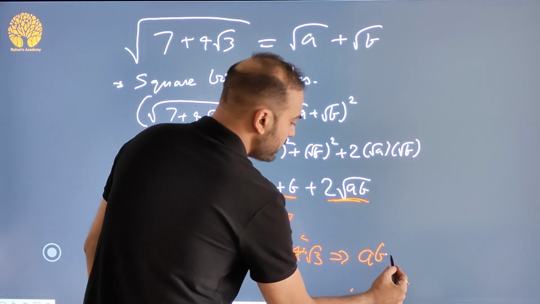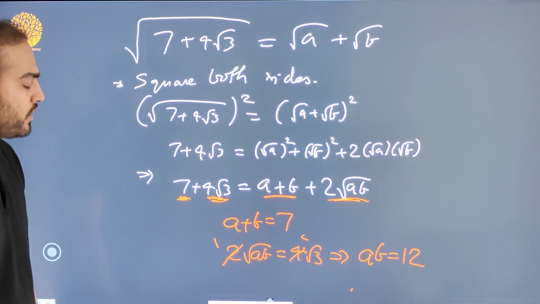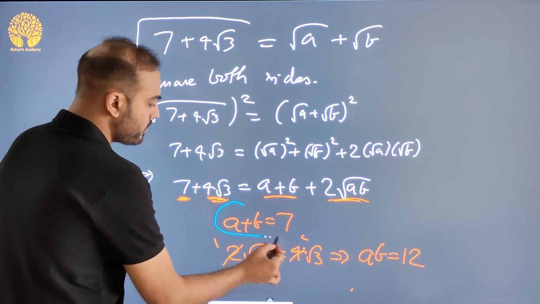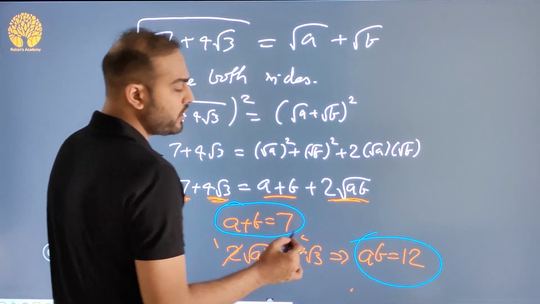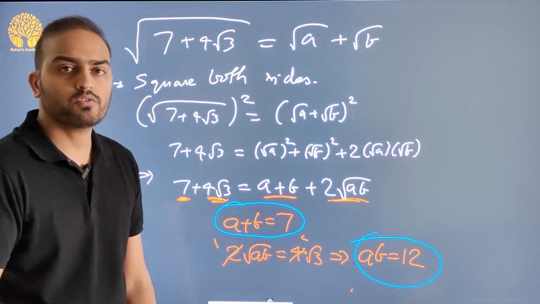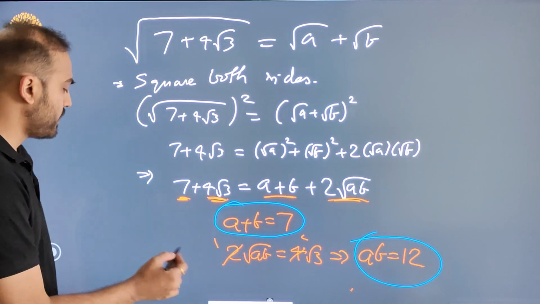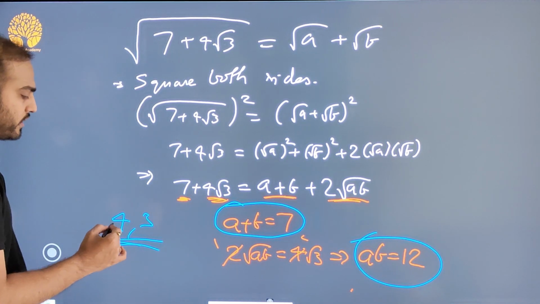So, I get ab is equal to 12. Now, if I look at it, a plus b is 7 and ab is 12. Can you think of two numbers whose product is 12 and sum is 7? They are 4 and 3.